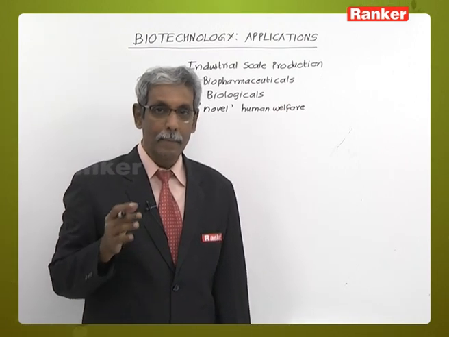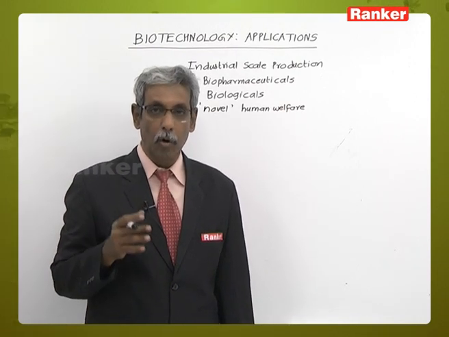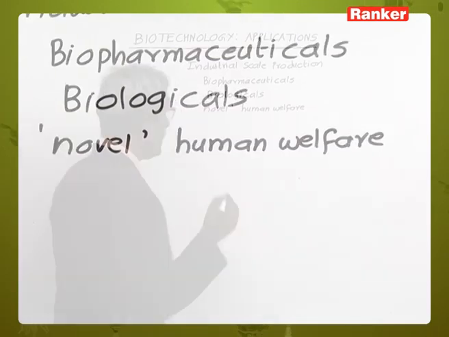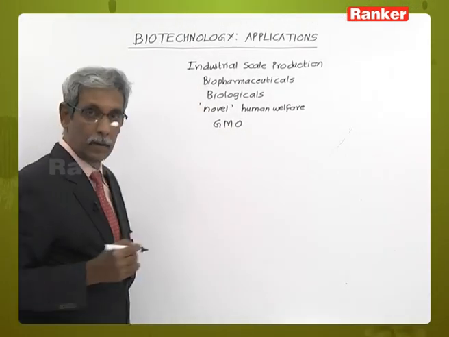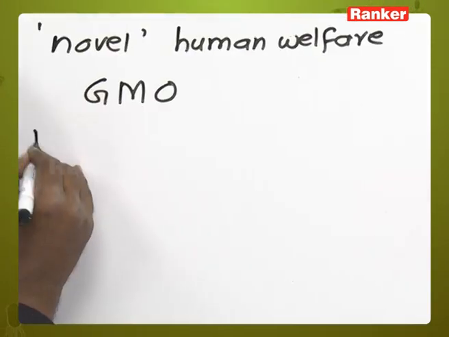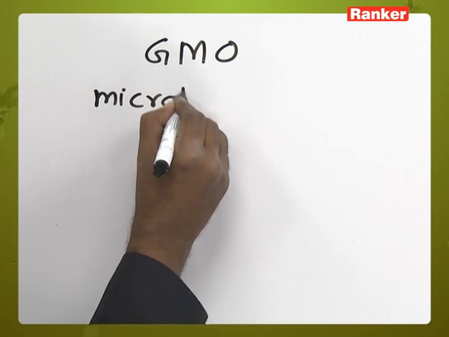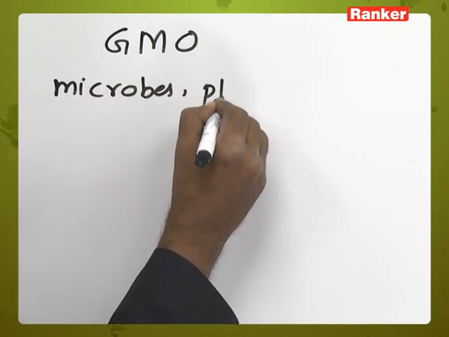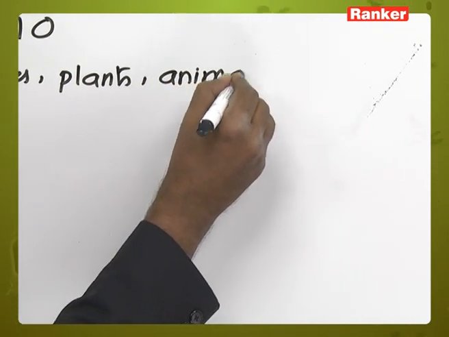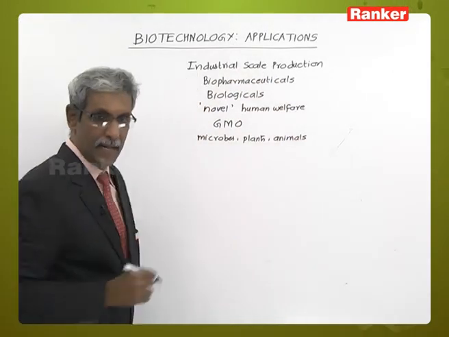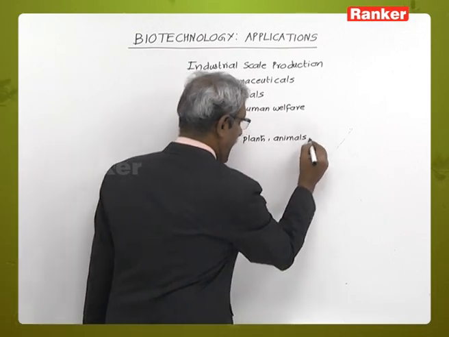So, parallelly in biotechnology and its applications, you would also be studying genetically modified organisms, which include microbes, plants, animals, and fungi.